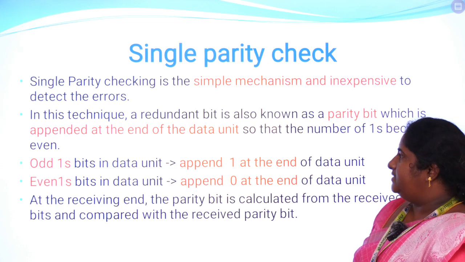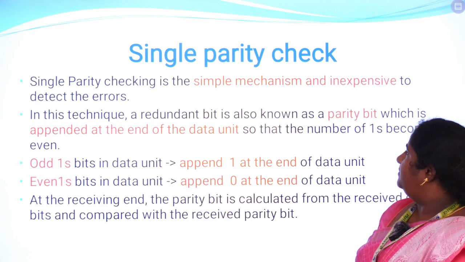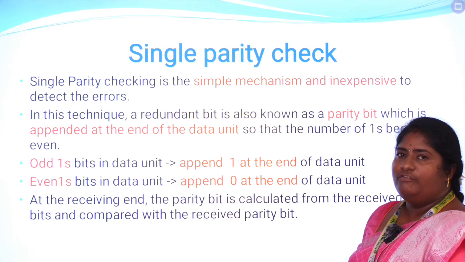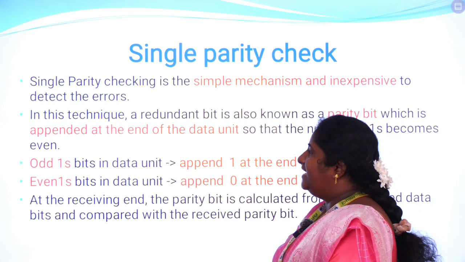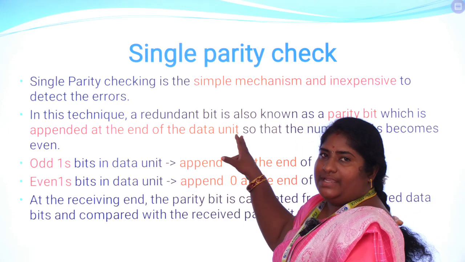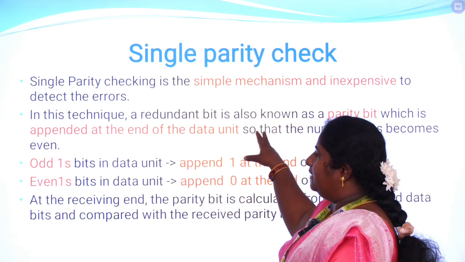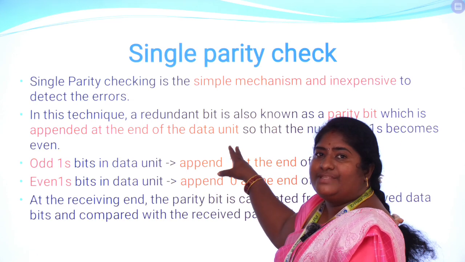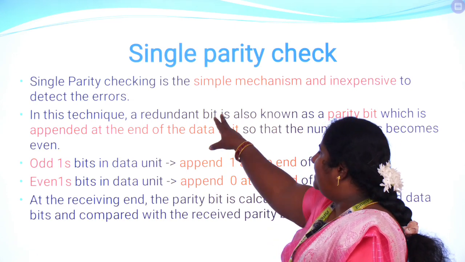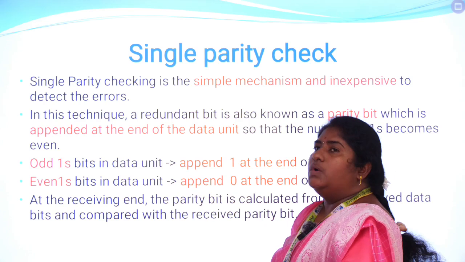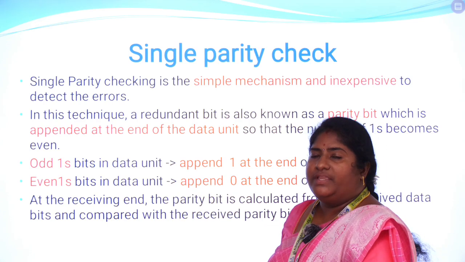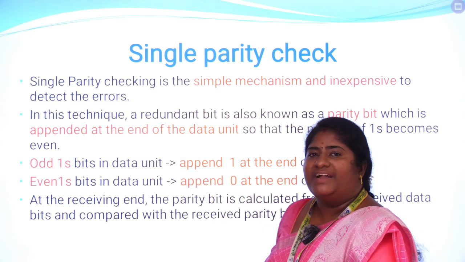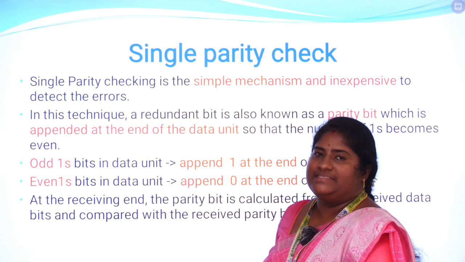Single parity check is a simple and inexpensive method where the data will be checked while transferring. When this technique is incorporated, we create a bit called a redundant bit. We count the number of ones present in the data set.